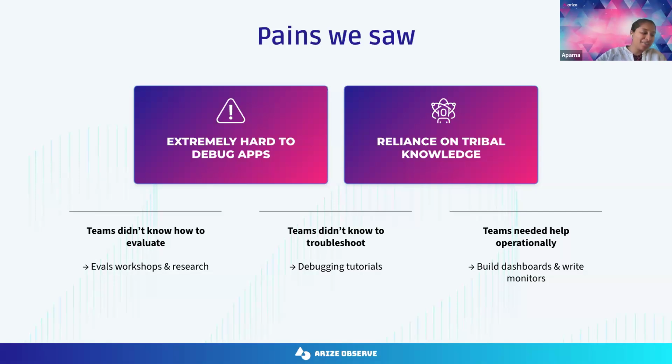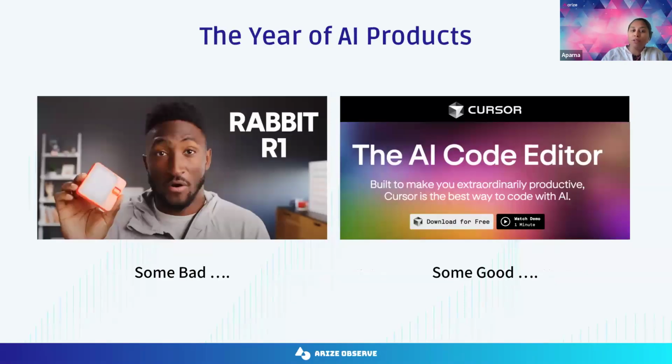And I know there are some that were not so great and weren't so successful, and some that really are, like Cursor, that our team's using day in, day out. But to build really amazing AI products, as we've been talking to the community and listening to you all, John and I have come away with the sense that it's actually really hard to build good products.